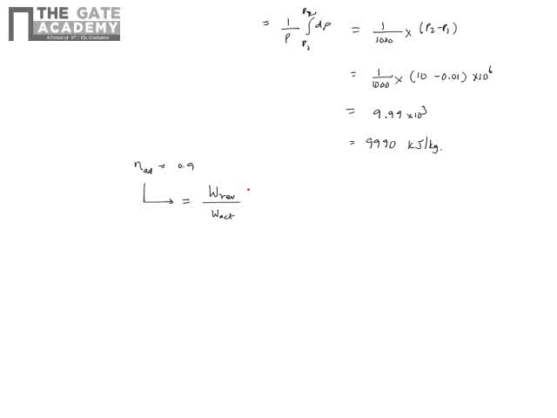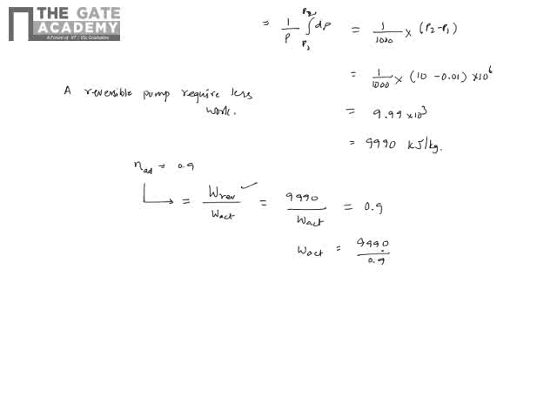A reversible pump, an ideal pump without any losses, will require less work. So this minimum work divided by actual work is the adiabatic efficiency, which is 0.9. So the actual work would be 9990 by 0.9.